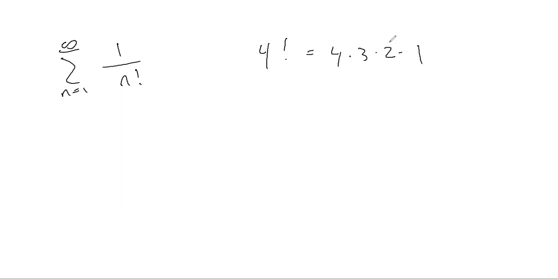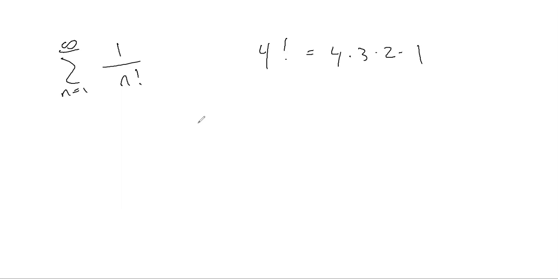Similar logic, let's say for one over n factorial. So remember what factorial is. Factorial is, if I have 4 factorial, for instance, that's 4 times 3 times 2 times 1. That's going to be very important in this chapter, especially in future sections.